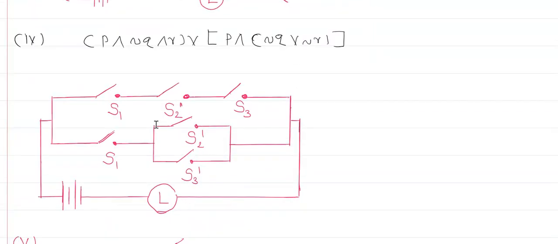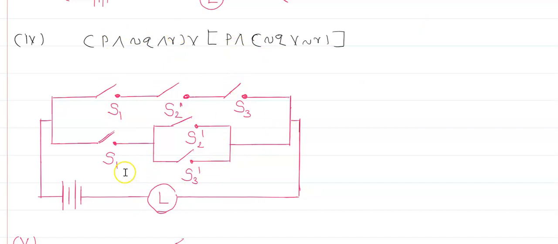Now the next is P and negation of Q and R, or P and negation of Q or negation of R. Now see this here. First is OR, means what? This is the disjunction between these two. First block and second, that is S1, S2 dash and S3.